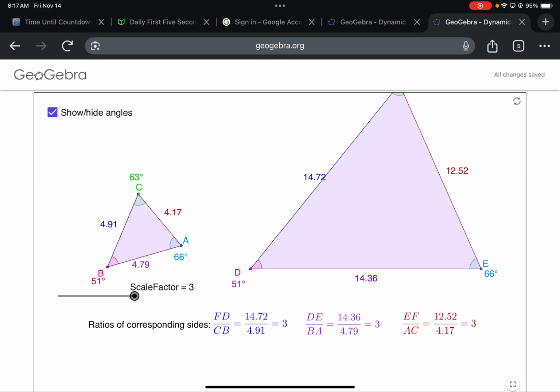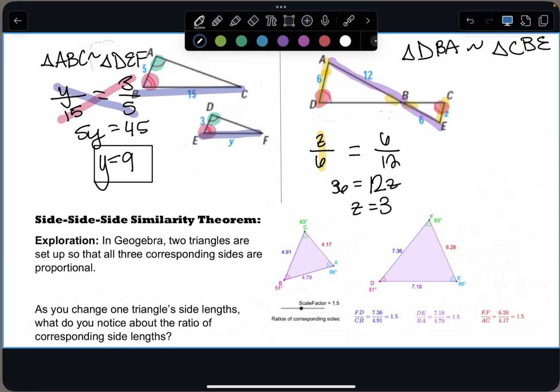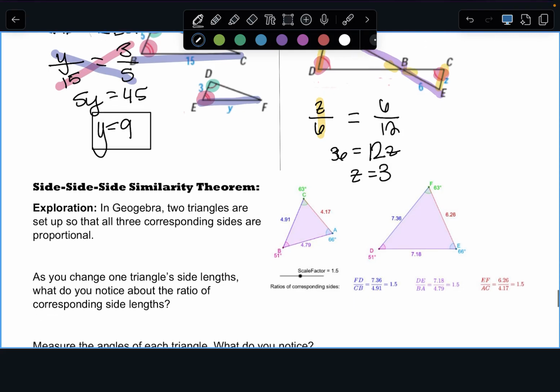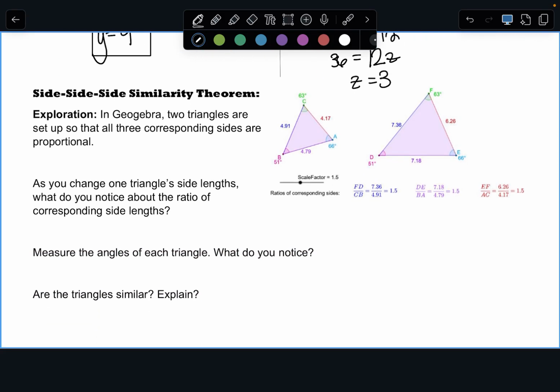So now, as long as we have 3 corresponding sides that are proportional, we have similar triangles. So, if we fill this out, we noticed that the corresponding sides were equal. The ratios were equal. That's how it was set up. I guaranteed that all of these ratios were locked in.